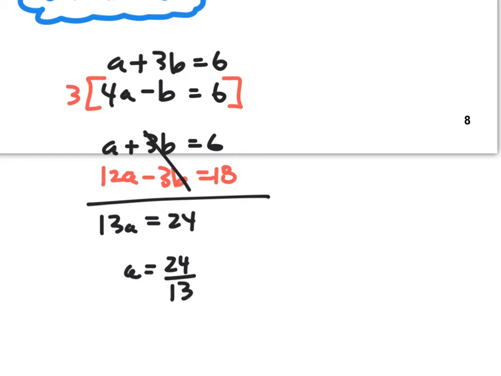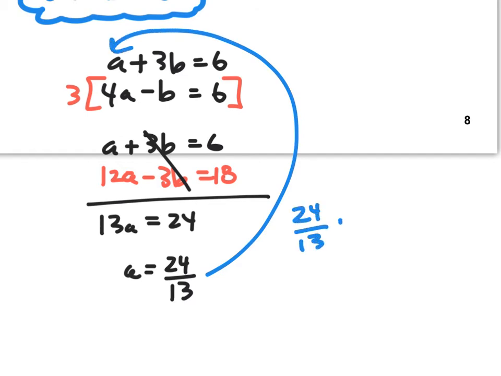Now I could plug that back into any one of these other formulas. I'm going to plug it in here. 24 thirteenths plus 3b equals 6. 6 is 78 thirteenths.